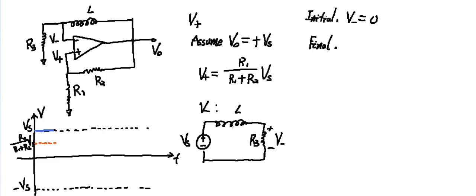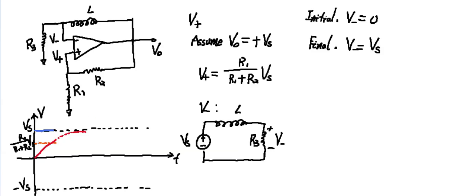We know the final state is when the circuit is fully charged up, so all the voltage is distributed upon R3. So now V minus will be equal to positive Vs. Now we can draw its trace in the time domain, which is simply like this.